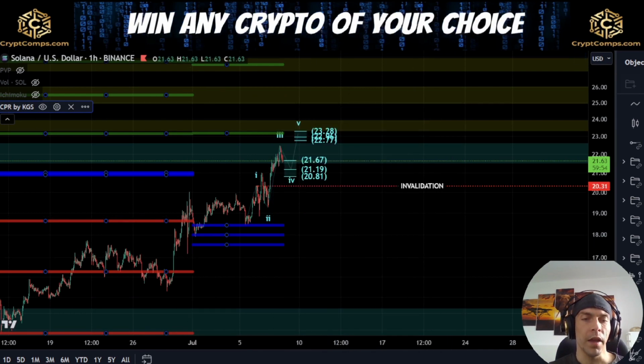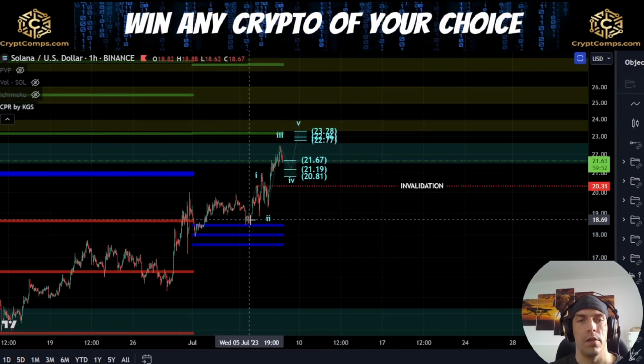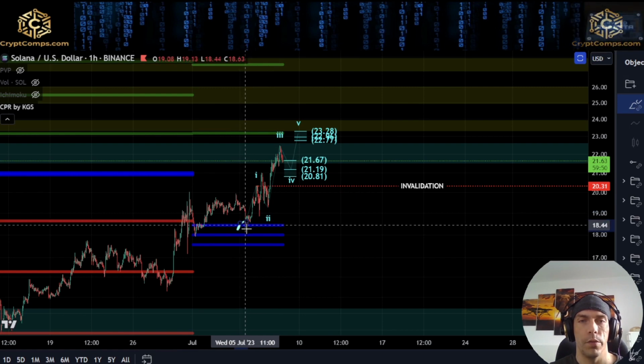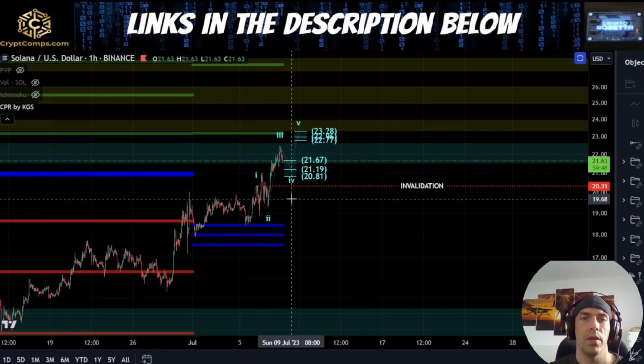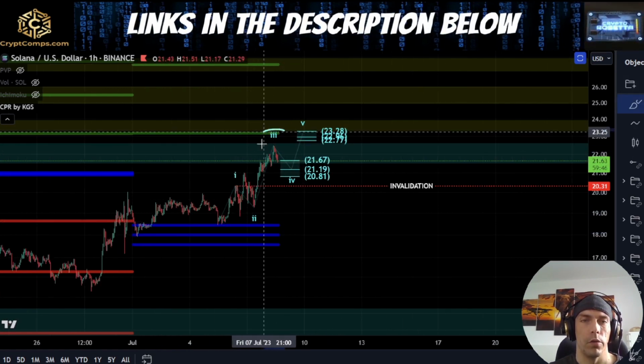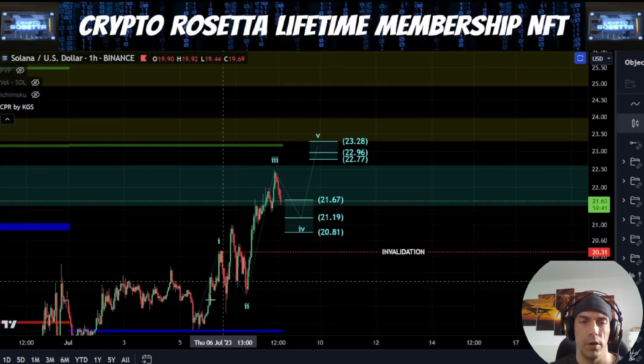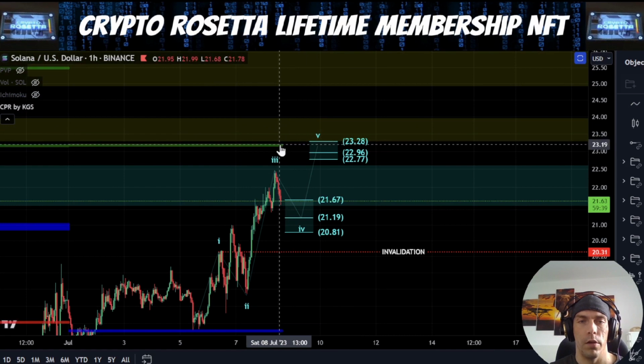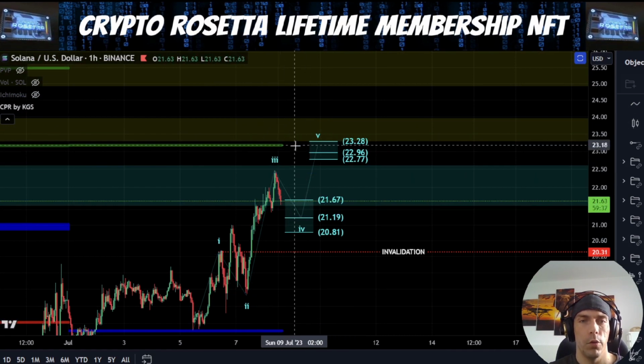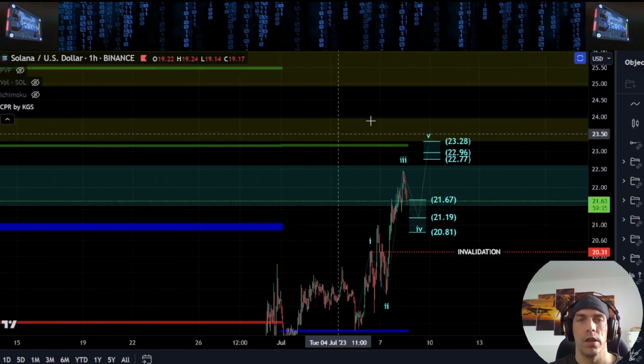Now, looking at the monthly CPR, what we can see is that we have come back onto these. We've found support here, and we are looking for the potential of coming back up here into this S1 line. If we are looking for an interaction with this, this would align very much with our idea of having a 5-wave move here, which would be looking at this 2316 as that S1.